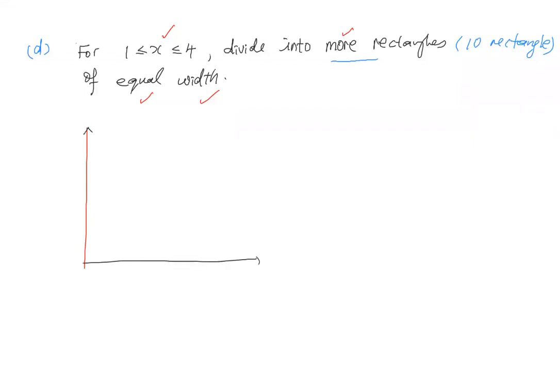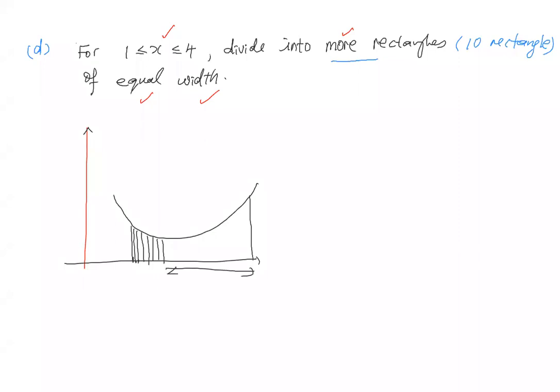If I divide into 10 rectangles, for example, like that, would that give a better approximation? Definitely no. This is not equal width.